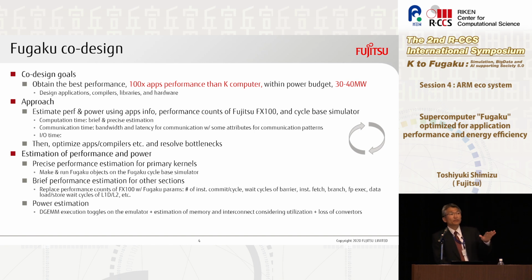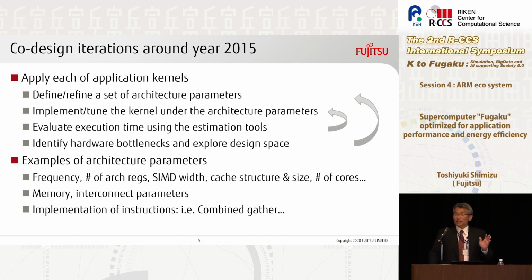So during this work, we optimize the Fugaku system. The co-design work was very busy around 2015 to finalize the system architecture and parameters. We work to turn the cycles of this optimization.